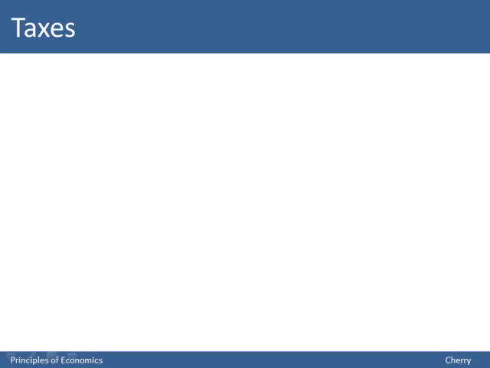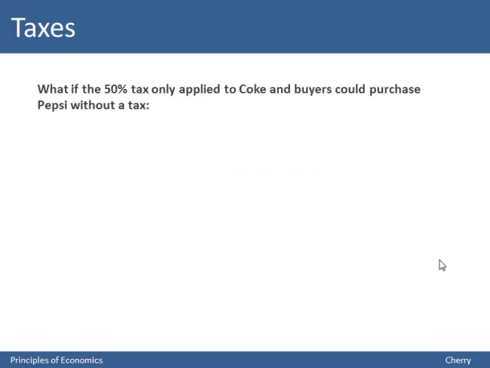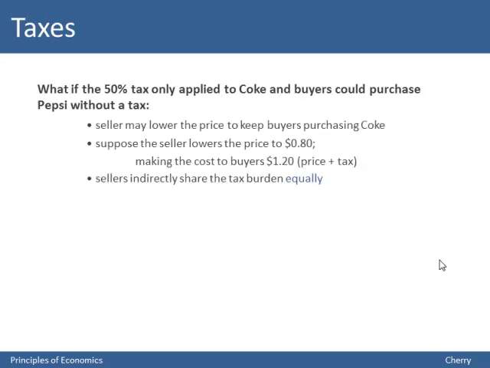All right, so what if a tax is applied only to Coke and not to those that buy Pepsi? So it's a Coke tax, 50% tax on Coke, but the buyers could shift over and buy a Pepsi and avoid the tax. What do you think would happen?